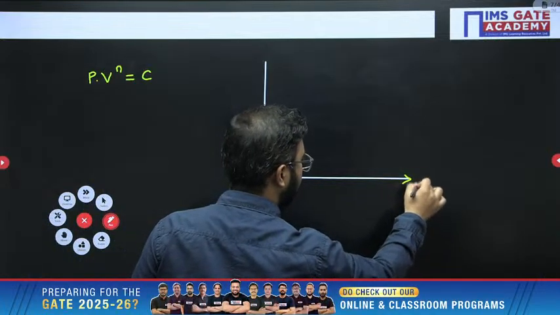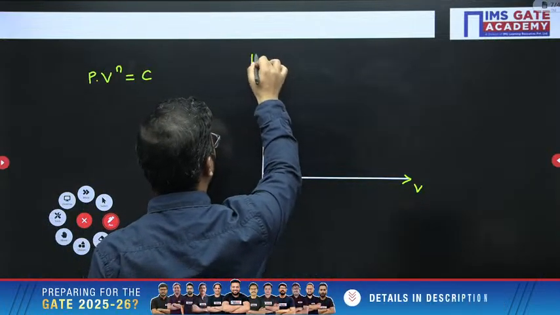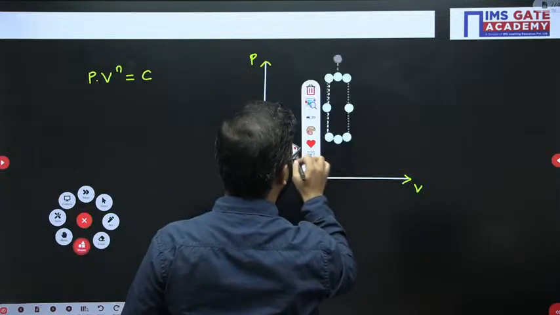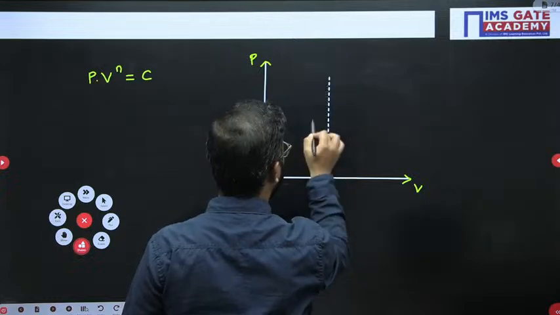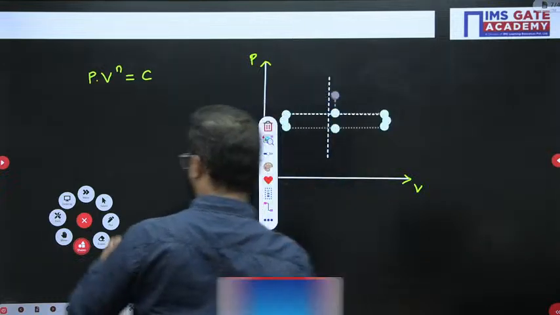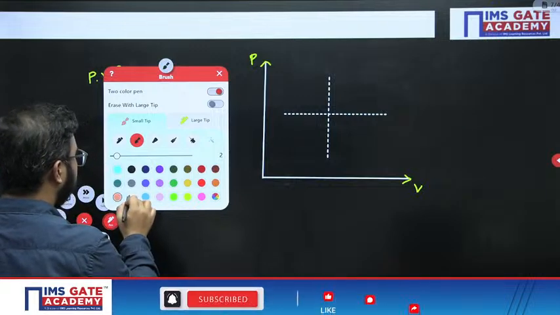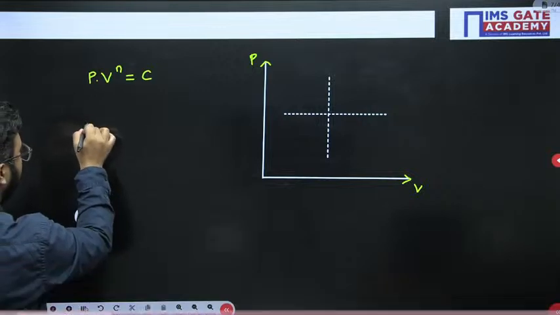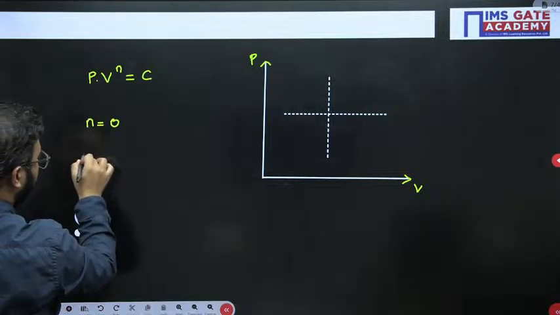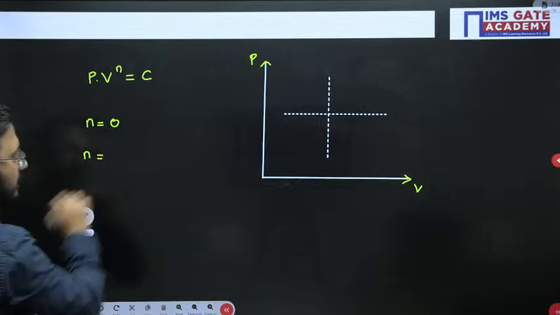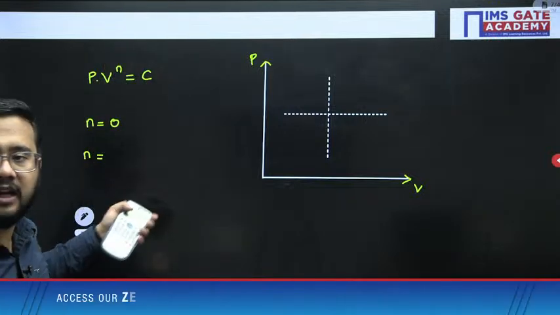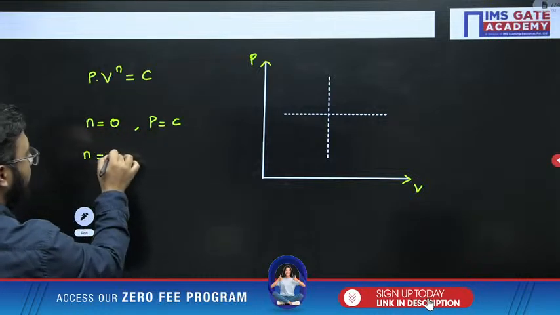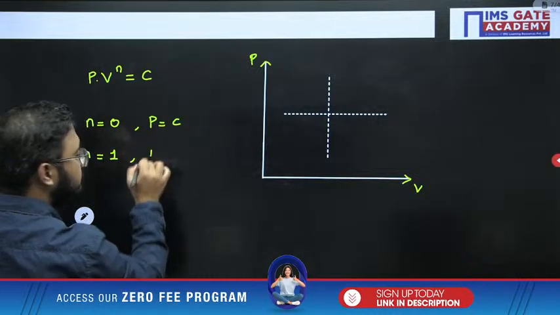So let's suppose this is volume, this is pressure. Let us draw the coordinates here. Now see, it is a polytropic process. Let's suppose the n value is 0. When the n value is 0, what will happen? Pressure equals constant. When the n value is 1, what will you have? Think about it.